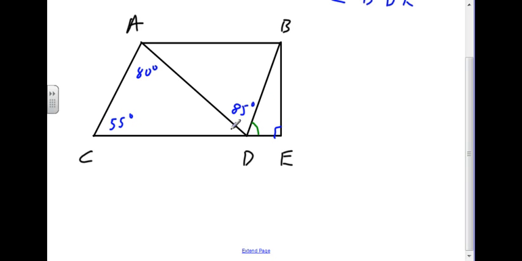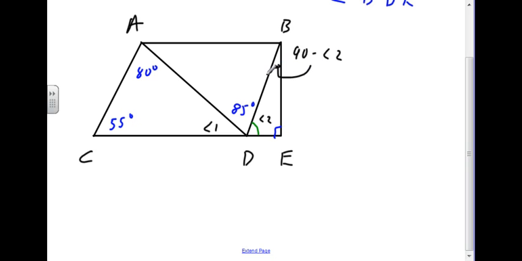We'll start with calling this guy angle 1 and angle 2. And this guy up here, we're going to call him 90 minus angle 2.